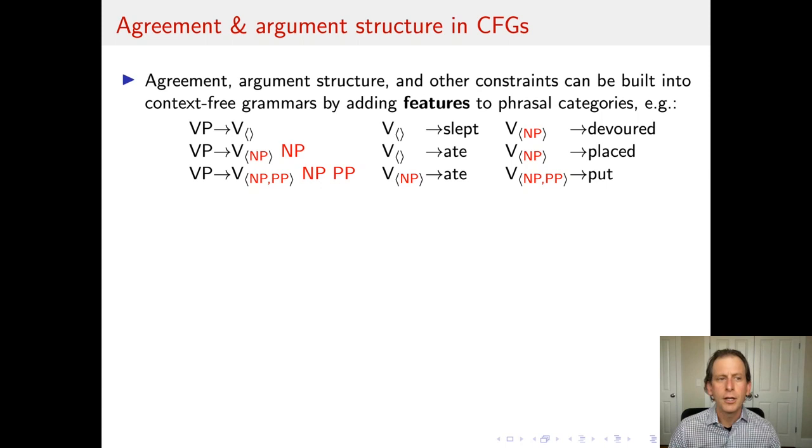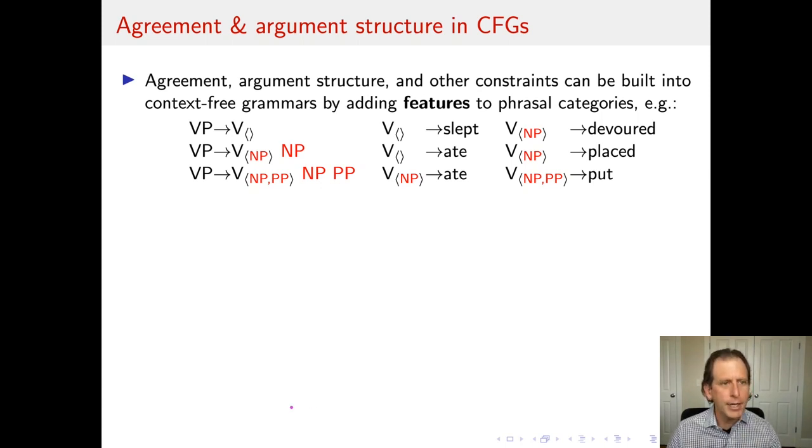For example, for argument structure, we might make a distinction between non-terminal categories, all of which are verb, based on the different requirements for argument structure that they have.